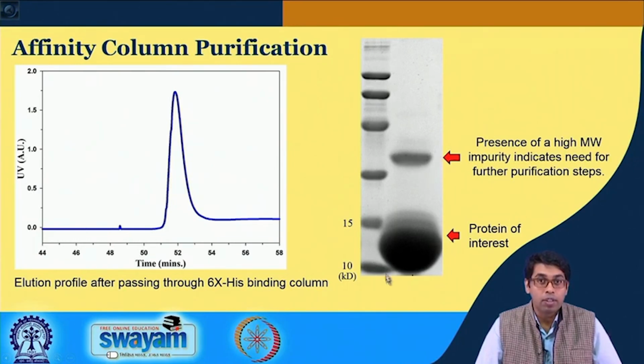Now, there are only 2 proteins in this mixture, and this can be easily separated by size exclusion chromatography. So, another step of SEC will give us almost 100% pure protein.